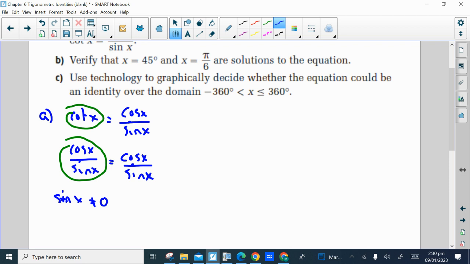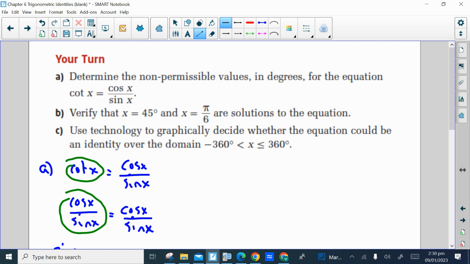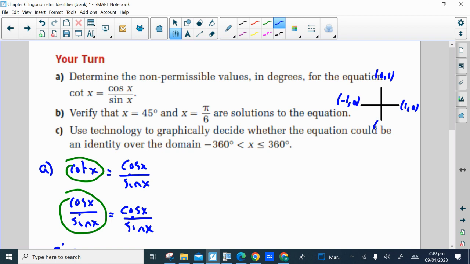So if we look on our unit circle, let's do it up here because we might have to grab it again. And we put our coordinates on the axes. And also remember that sine is the y value, and the y value equals 0 at 0 degrees as well as 180 degrees.